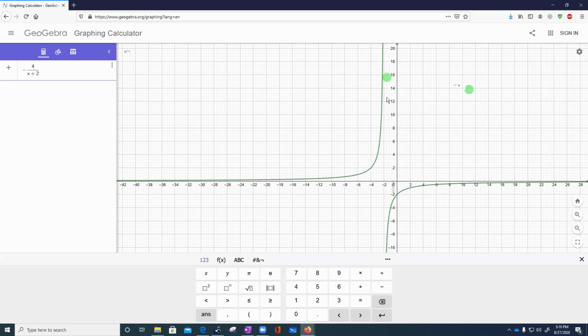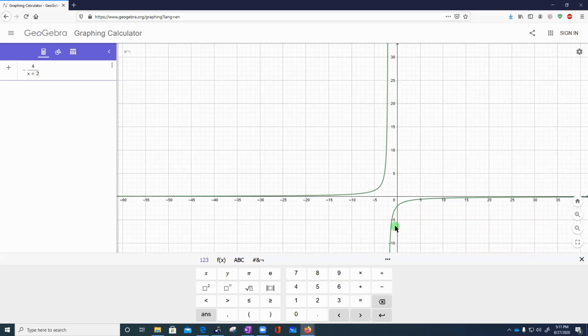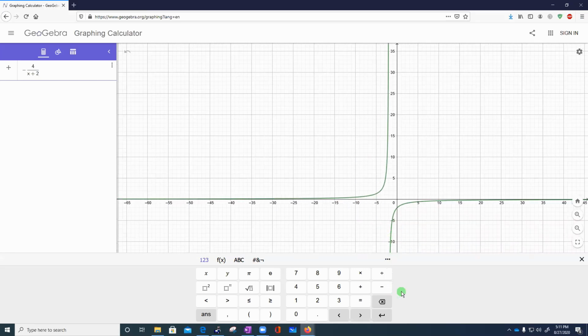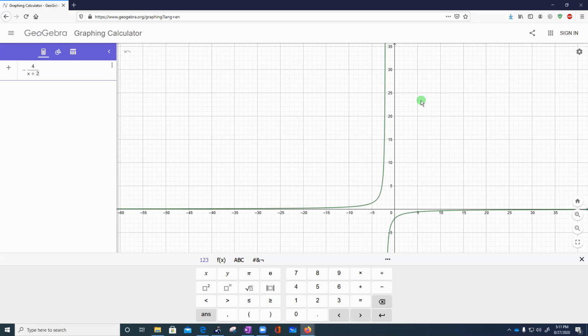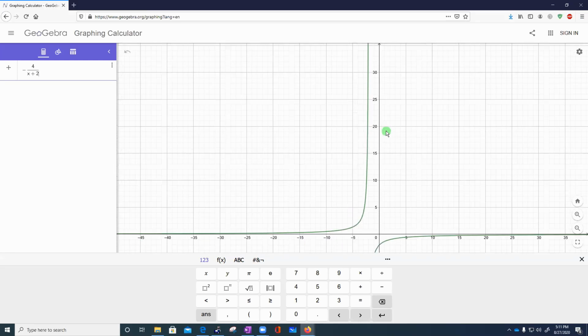The function is not continuous at -2. If you move from the left side of -2, the function is going all the way to positive infinity. If you move to the right side of -2, your function is going all the way down to negative infinity. Do you see now in the picture? Say yes or no. Yes. You see, this is another way to check the one-sided limit, by looking at the curve.